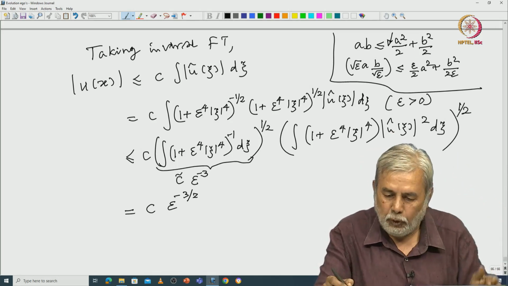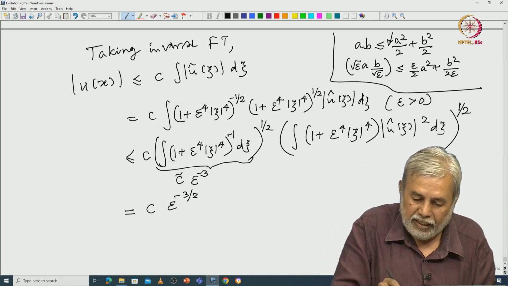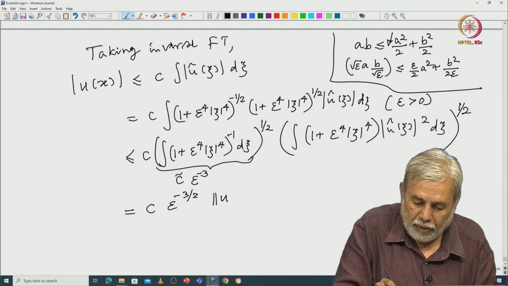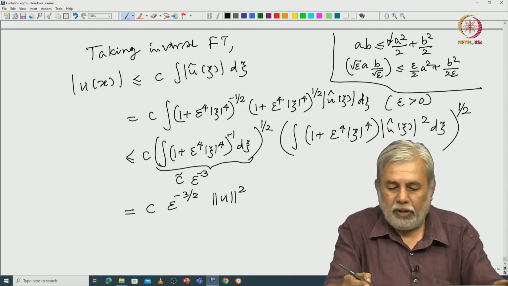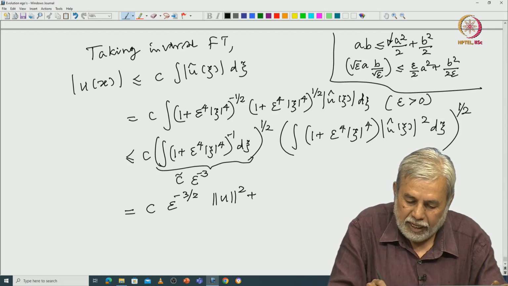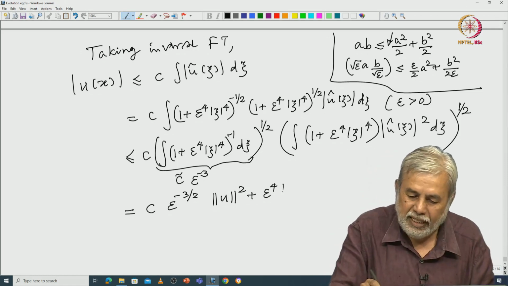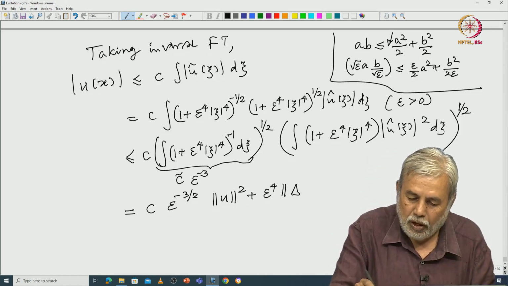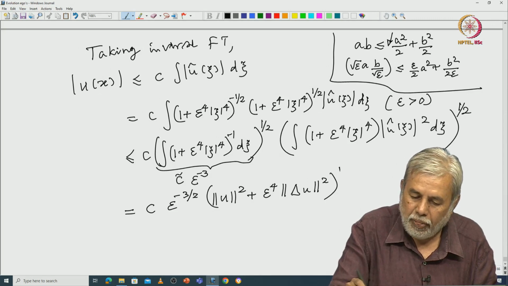So, 1 times u cap j square, and again by the Parseval relation you get the L2 norm of u square. Epsilon to the 4 is a constant, so we do not get anything there. But again, mod j to the 4 u cap j square is precisely the L2 norm of the Laplacian of u square, to the half.